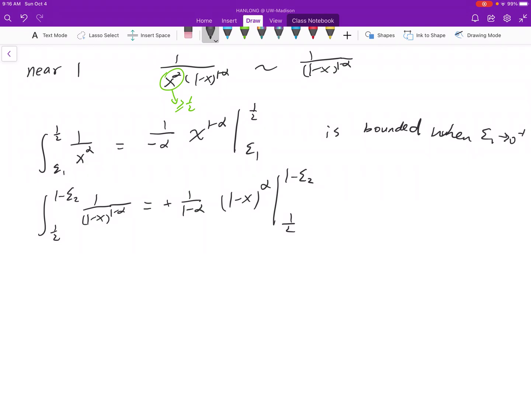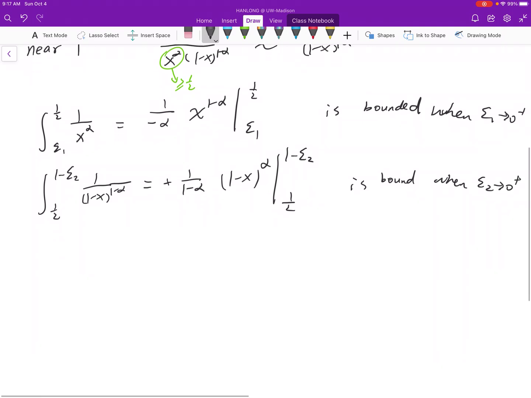When you plug in, you see it's bounded when epsilon 2 goes to 0. Here the 1/2 is not that important, because no matter what value you take, you can take 1/3 or whatever, you plug in, it's always a constant.